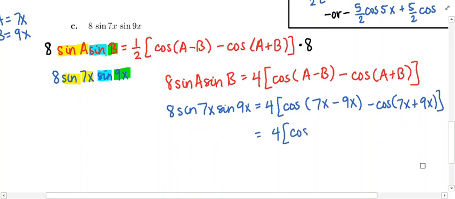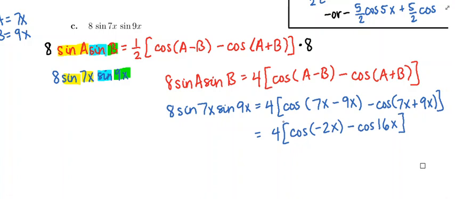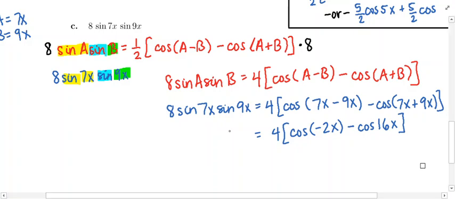This is going to be the cosine of negative 2x minus the cosine of 16x. Now I'm left with a negative argument. You see that negative 2x, and that's where the even odd properties kick in. We know that cosine is even, so for an even function, the negative gets absorbed. So this is going to be 4 times the cosine of 2x, positive 2x, minus the cosine of 16x.